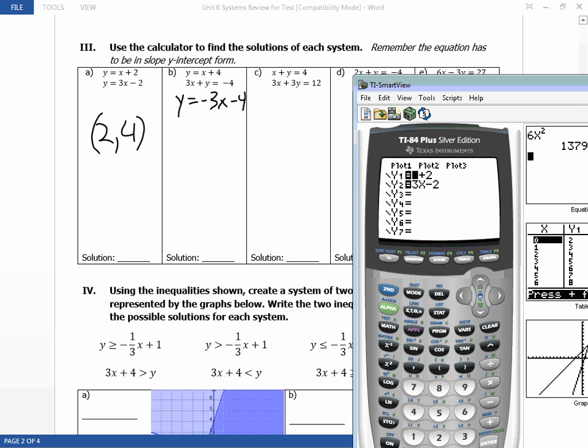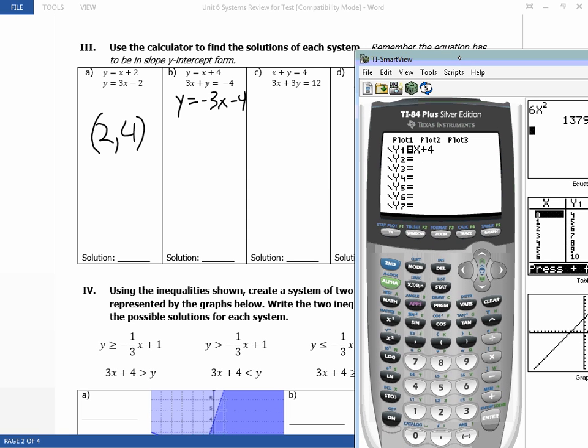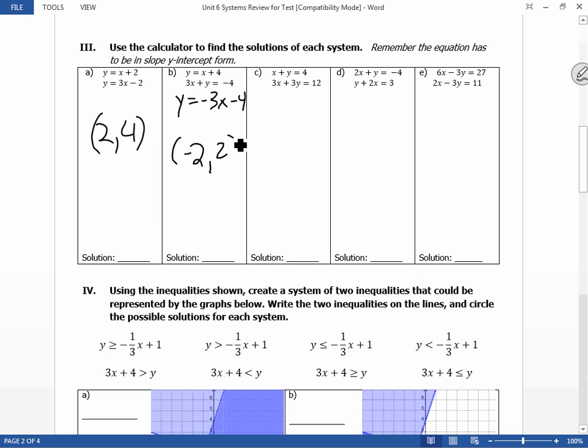Y equals x plus 4 and y equals negative, always remember to use the negative key, negative 3x minus 4. We graph them, and then we find the point of intersection. And I get my intersection is at negative 2, 2.